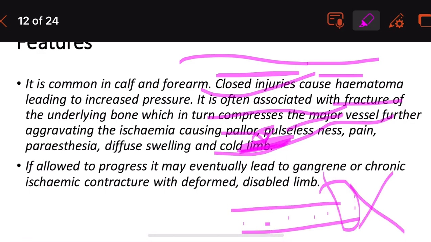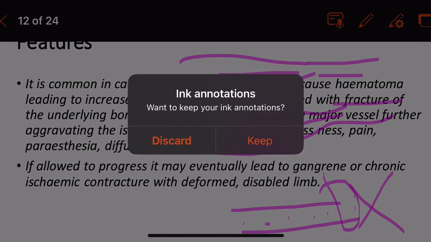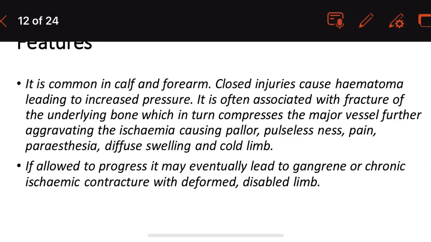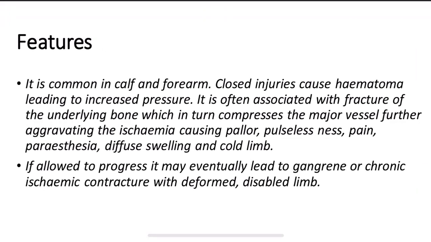This fractured bone is obliterating the blood supply. Once there is reduced blood supply, you can see the signs of pallor and pulselessness. The vessels are damaged here, so the pulse is going to be absent. Pain, paresthesia, diffuse swelling, and a cold limb can be observed.